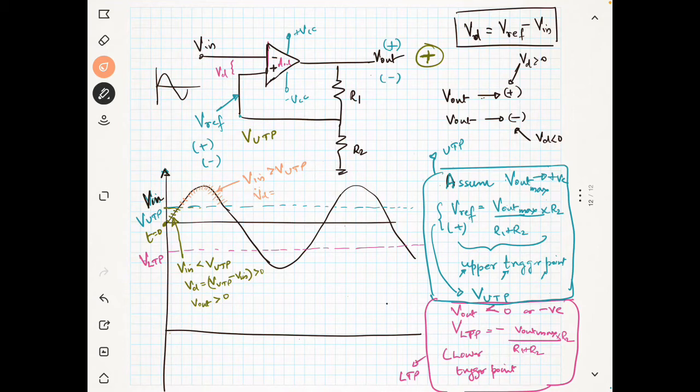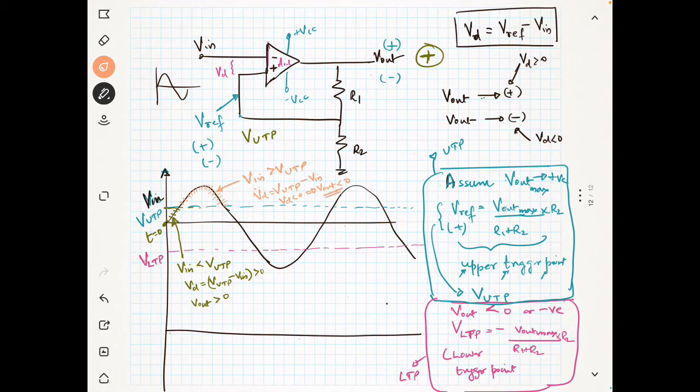VD is equal to VUTP minus V in. So what will happen at this point? VD becomes less than 0. That means V out becomes less than 0. So the output will change direction. You see, the output is changing direction throughout this point.